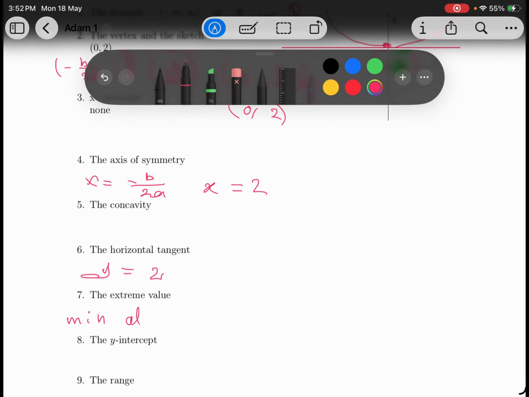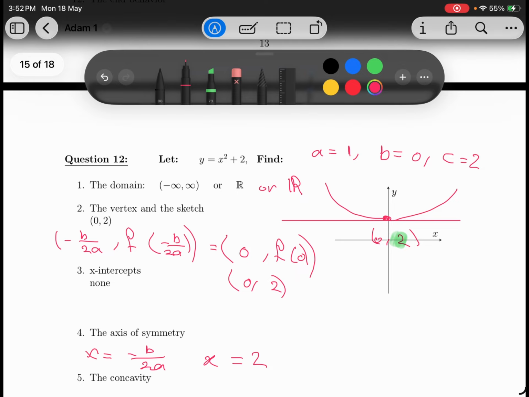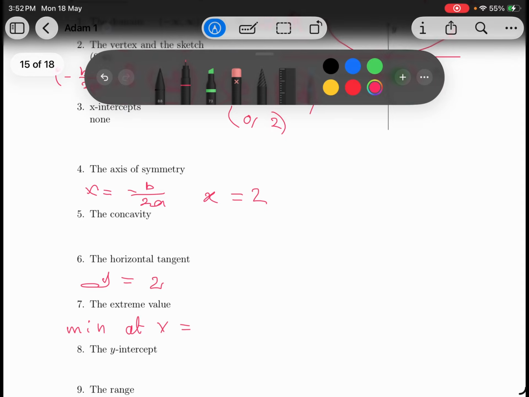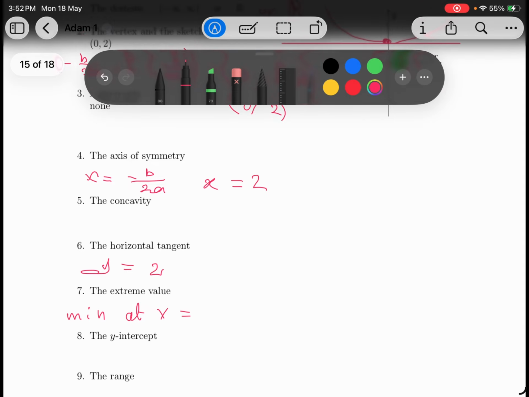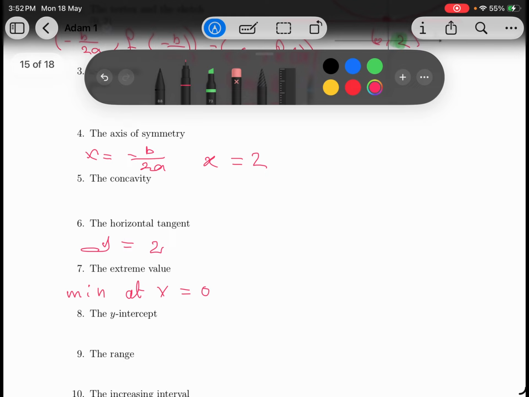The minimum occurs at x equals 0, and the minimum value is y equals f of 0, which is 2.